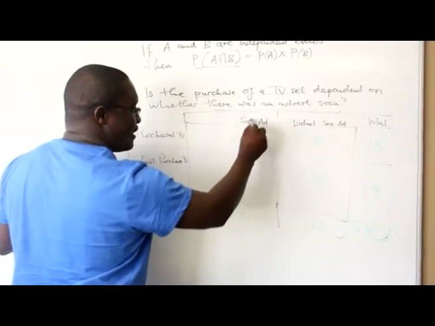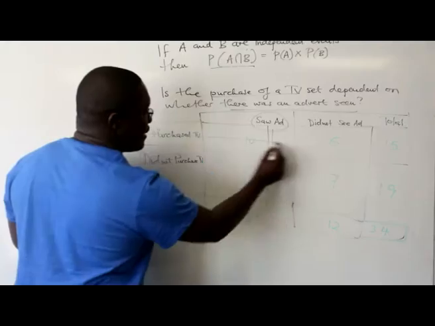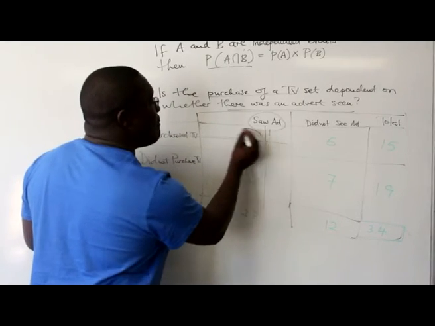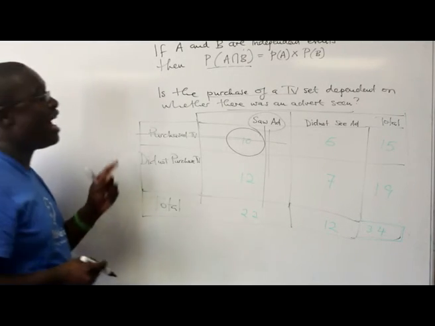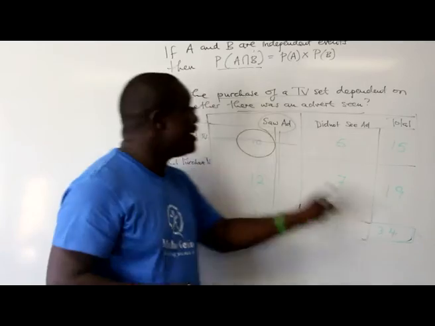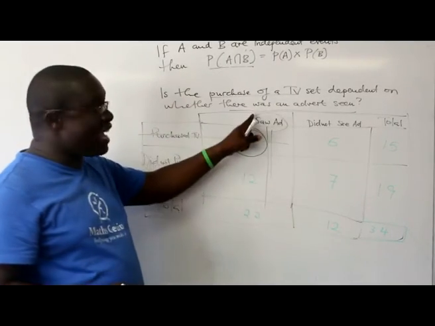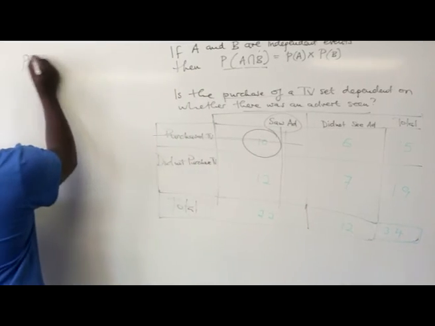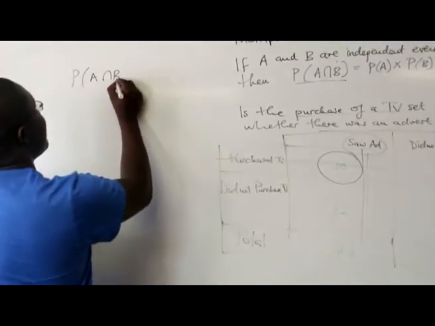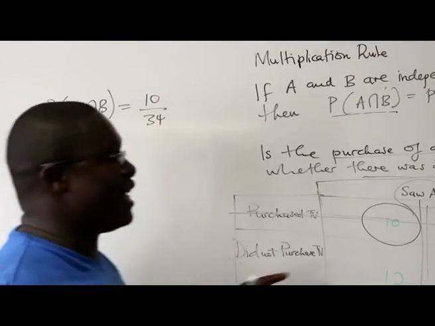The advert is the first column, and purchased TV is the first row. Where they meet, that's the intersection. Out of the 34 people, 10 out of 34 did see the advert and also purchased. So the probability of A intersection B is equal to 10 out of 34. That's your left-hand side.